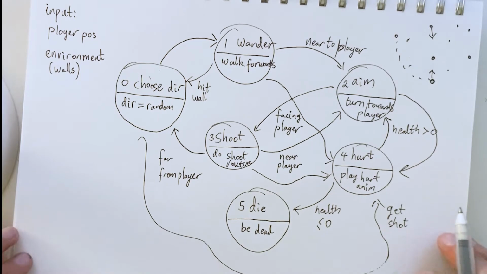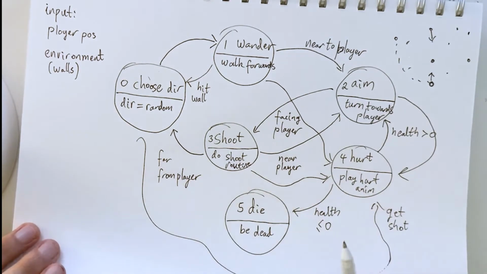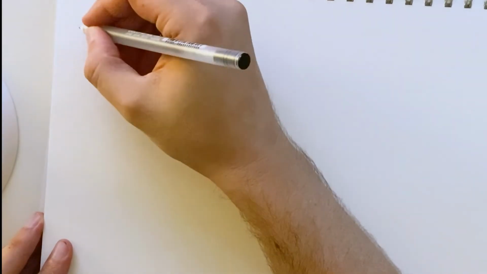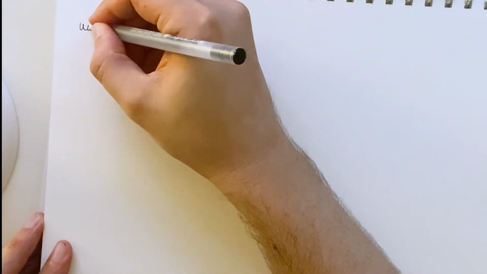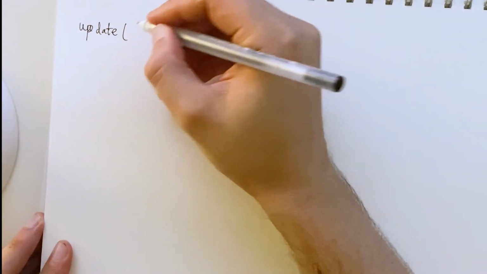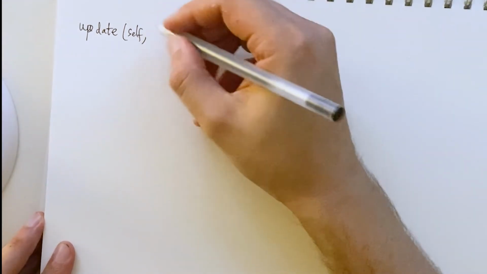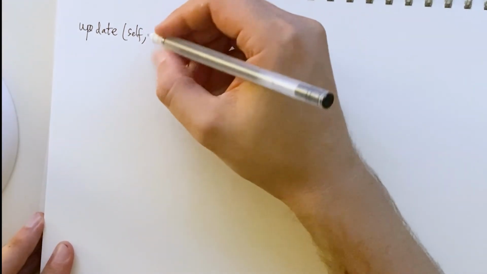So, just another little bit about how we could start implementing this. What we'll do is we'll have our update function. For example, in Python, we take it as a class function, of course, within the enemy.